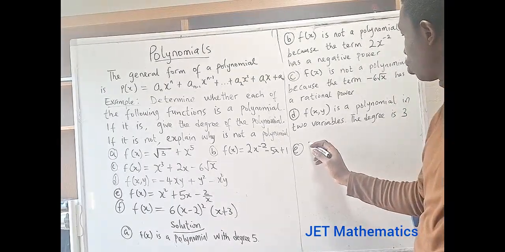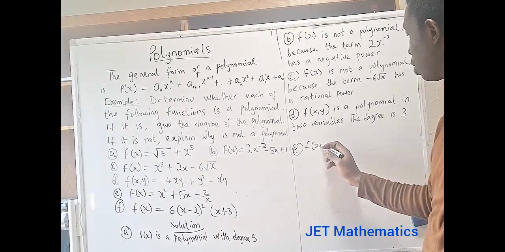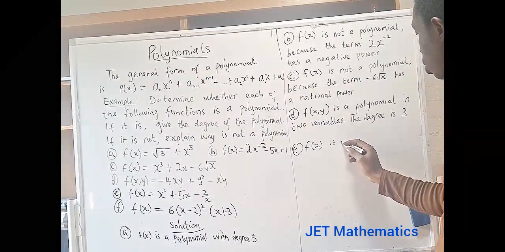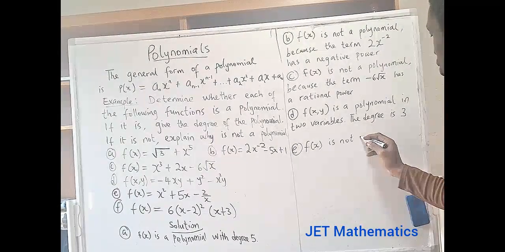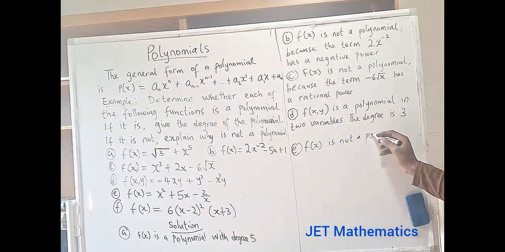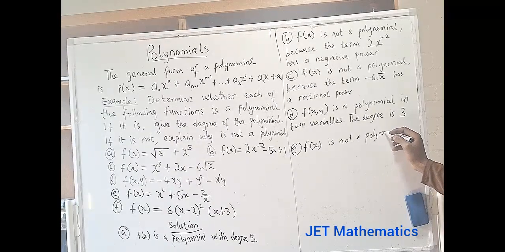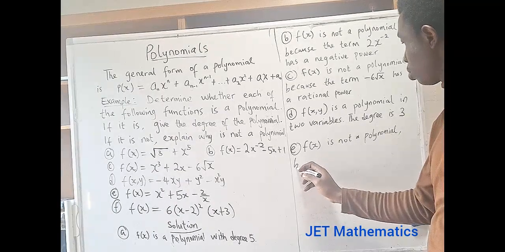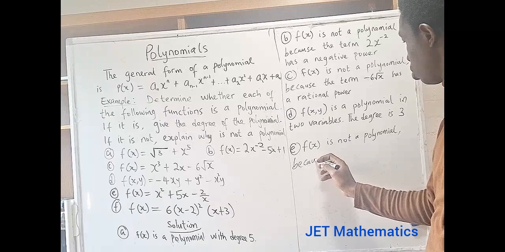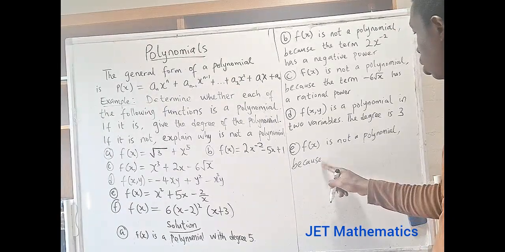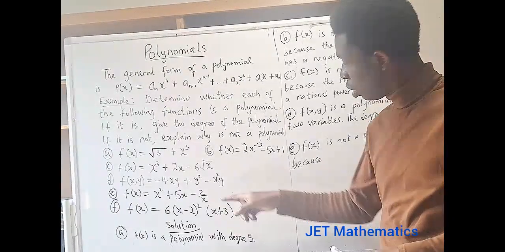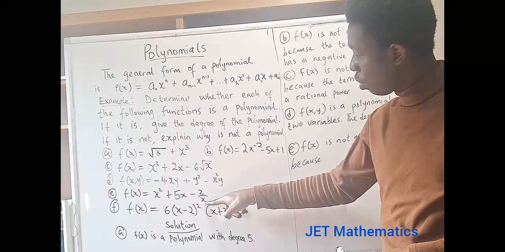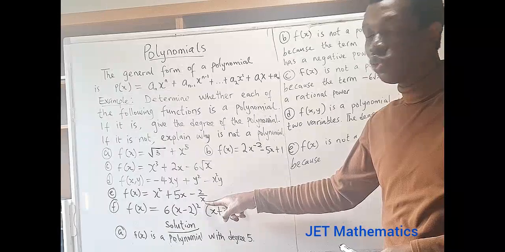That function f of x is not a polynomial, because if we write this in index form, the power of x will be negative.